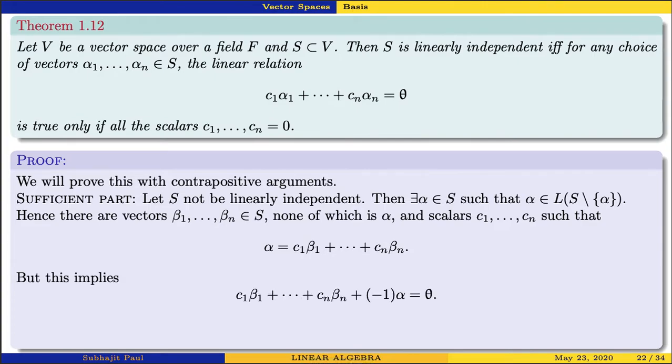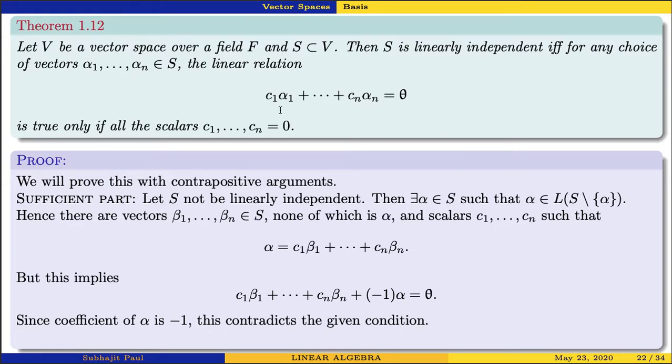But this implies C1 beta 1 plus up to Cn beta n plus minus 1 times alpha equals theta. Okay, so this means the coefficient of alpha is minus 1, which is not 0. So this contradicts the given condition.